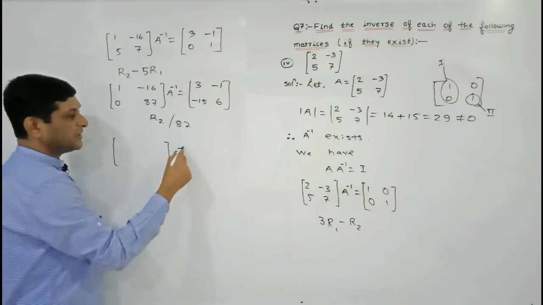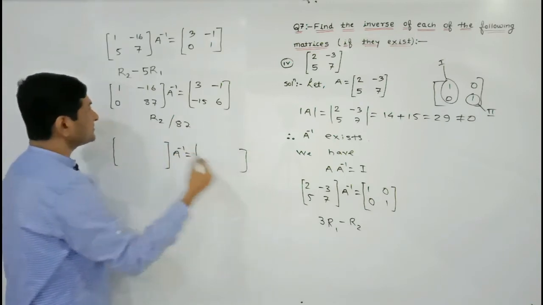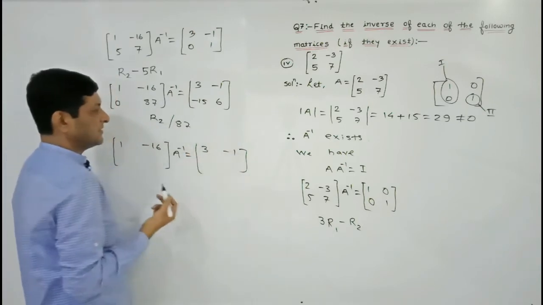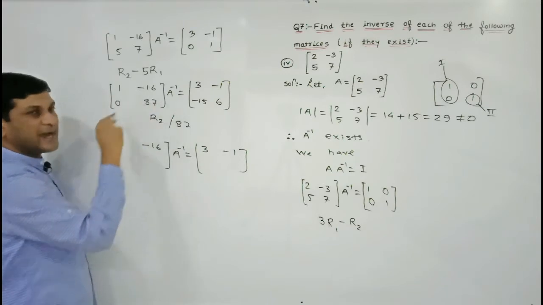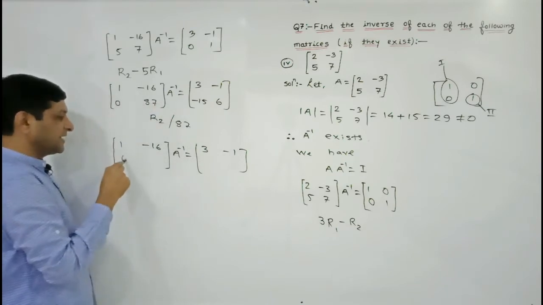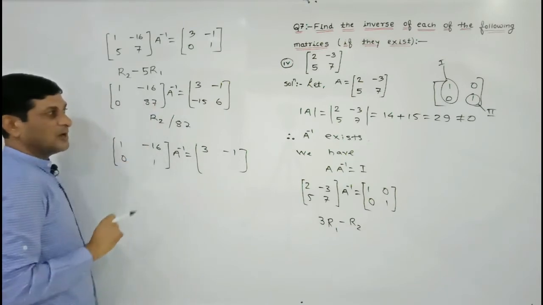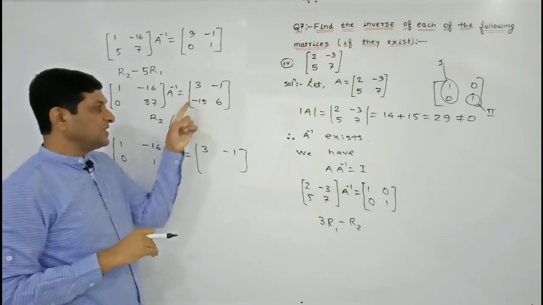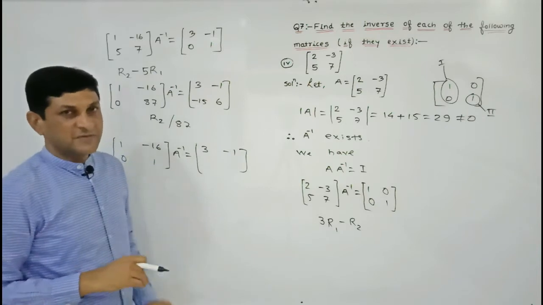So keep the elements of R1 as they are. 1 minus 16, 3 minus 1. So here we divide R2 by 87. So here we will get 0, here we will get 1. On this side, perform this operation very carefully, because minus 15 and 87, both the numbers are divisible by 3.